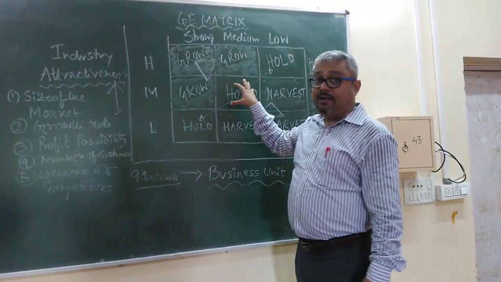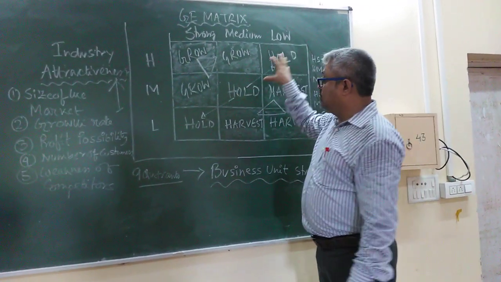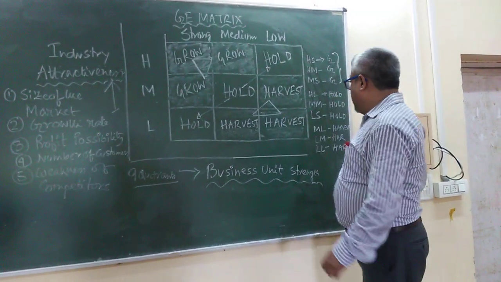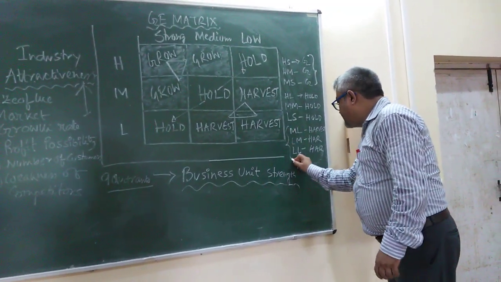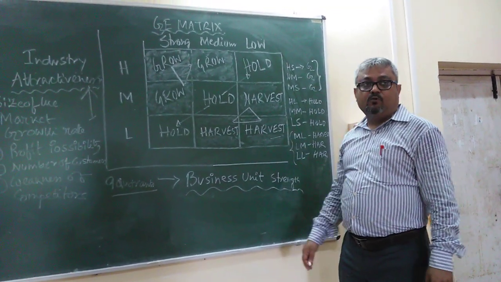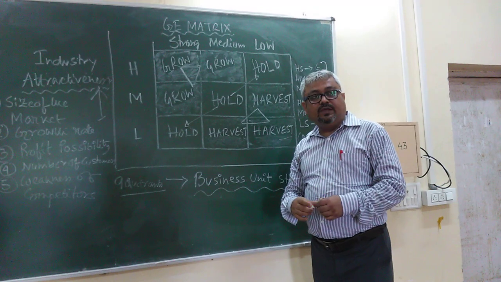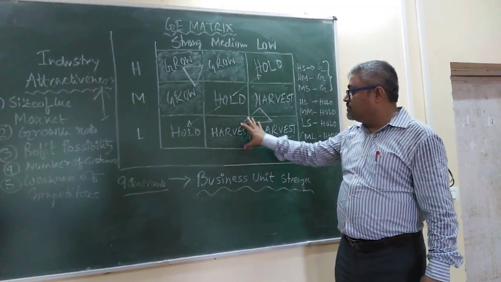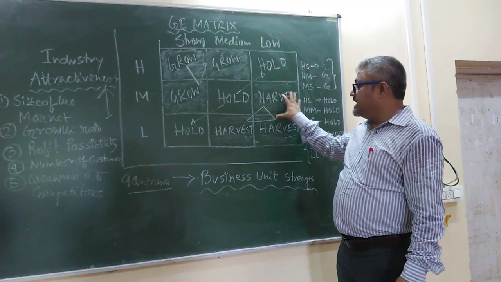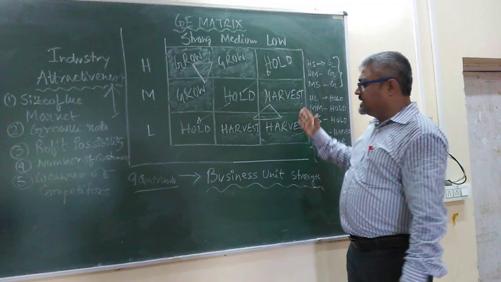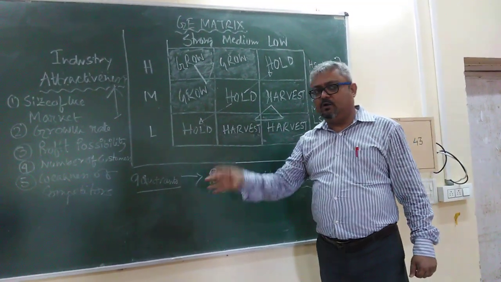If you have the money, you invest in this particular segment. And the last three are basically harvest. That means you are not getting the exact amount of return. So in that case, you need to exit from this particular portfolio or strategic business unit. There are a lot of examples where companies have sold out a division.